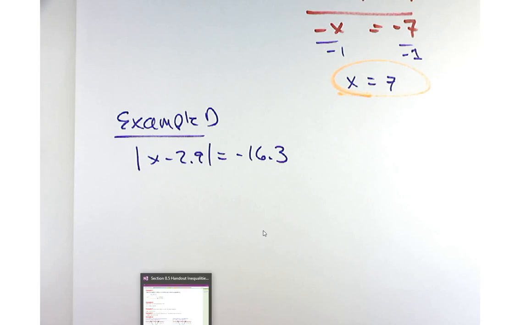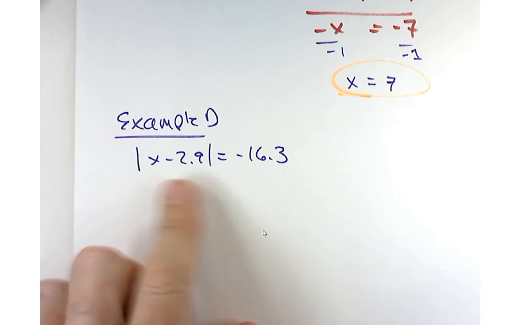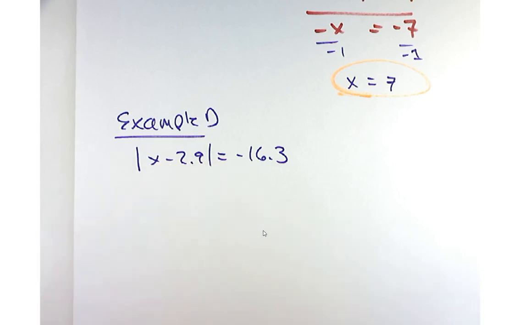Okay. Well, typically speaking, when you solve absolute value equations and inequalities, you're going to get the absolute value by itself first.